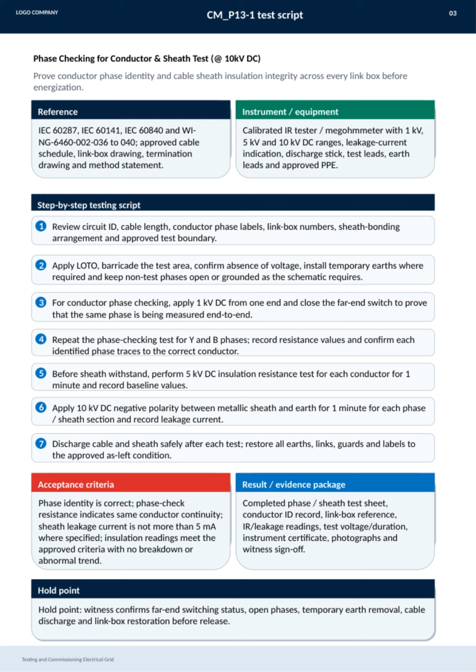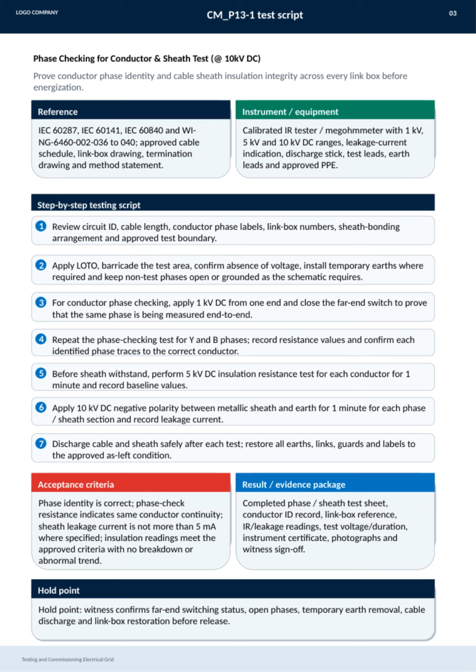We follow established standards such as IEC 60287, IEC 60141, IEC 60840, and internal work instructions, along with approved cable schedules and drawings. The equipment used includes a calibrated insulation resistance tester, or megger, with voltage ranges up to 10 kV DC, leakage current indication, discharge stick, test leads, earth leads, and approved personal protective equipment.